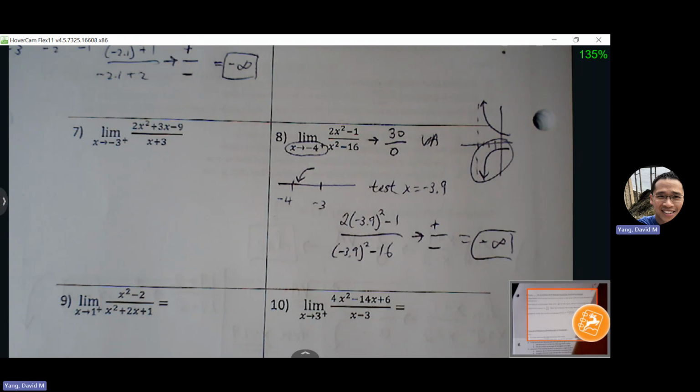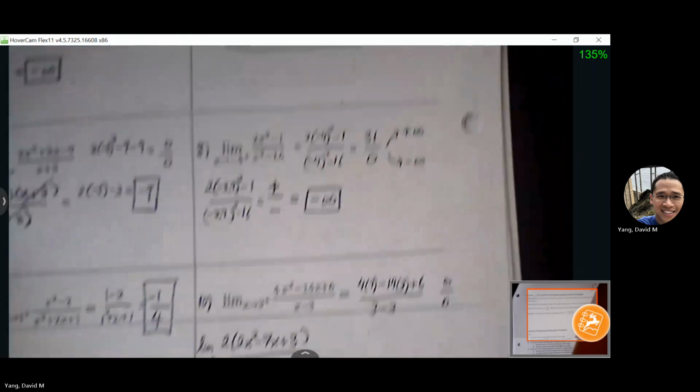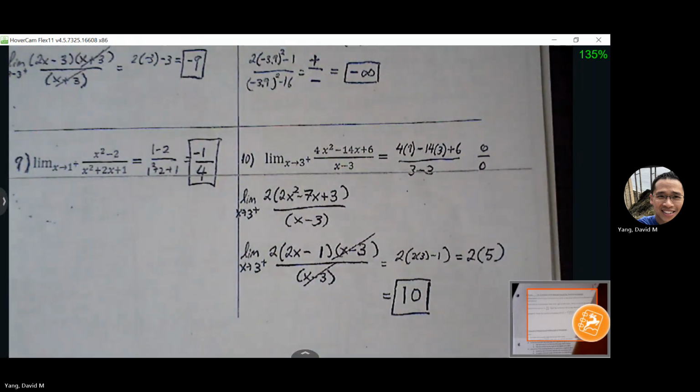We know the one-sided limit doesn't play a role at all. It is just going to be a normal limit problem where we have to factor, cancel, reduce. GCF first. Once your 2 is out, then you can factor the rest. You're looking for an x minus 3 to show up in the numerator so you can reduce.